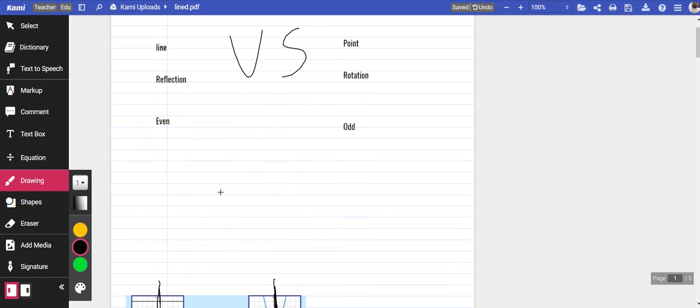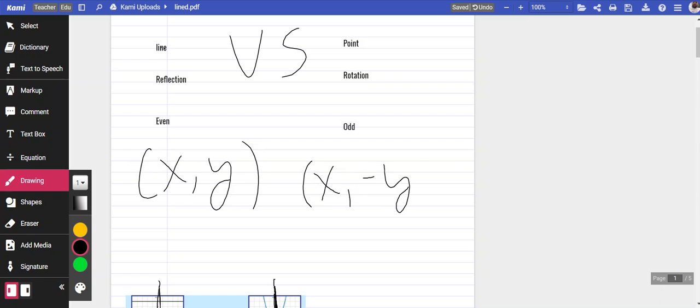Graphically, for every point (x, y), if the point (x, negative y) is also on the graph, then you have symmetry along the x-axis.